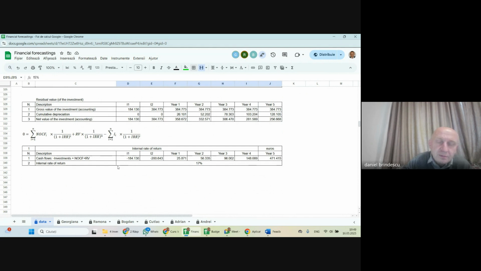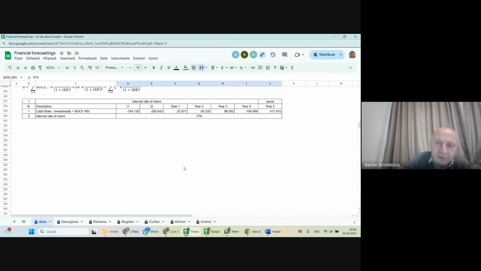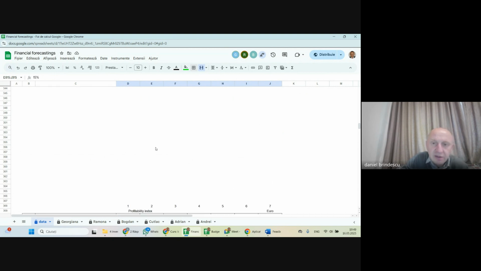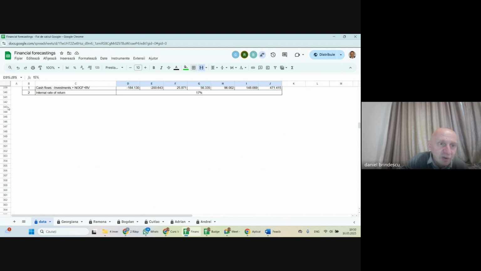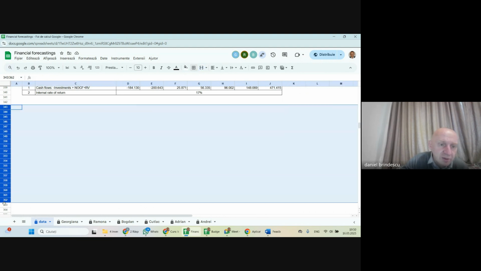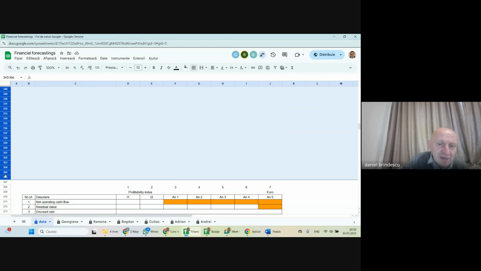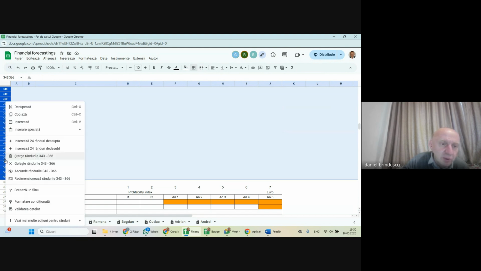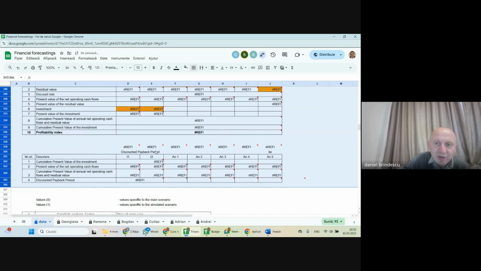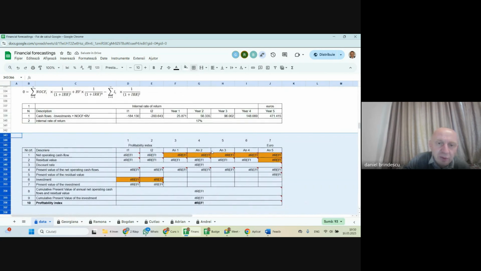Now, not to waste any more time, I have prepared here two tables with two additional financial indicators. I wanted to build the tables for the net present value and for the internal rate of return in front of you so you may understand them in detail, because I would say these are the most important ones.